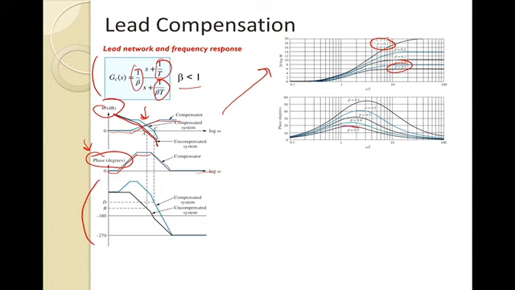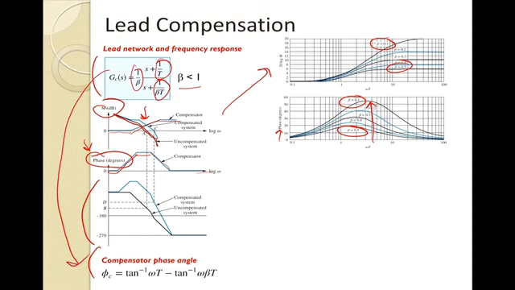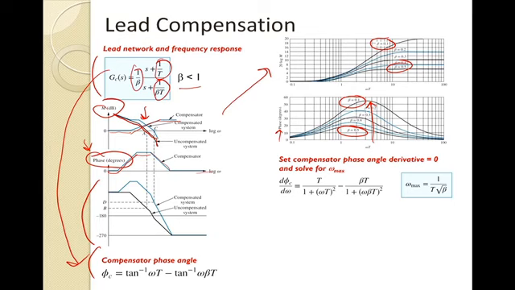A beta of about 0.5 only yields about maybe a 15 or 20 degree rise, but a smaller beta here has a much bigger rise in terms of that bump relative to the phase. So I wanted to provide this as an initial background here. The compensator phase angle, as we look at this equation and bring it down to calculate that compensator phase angle, we can write that expression.